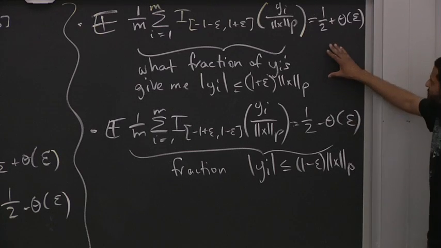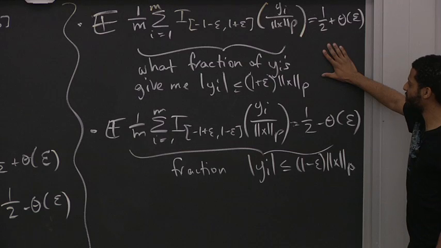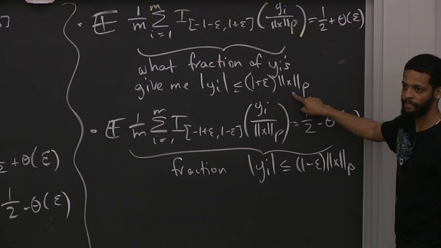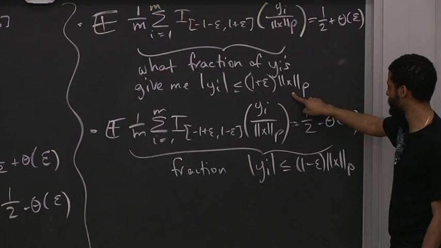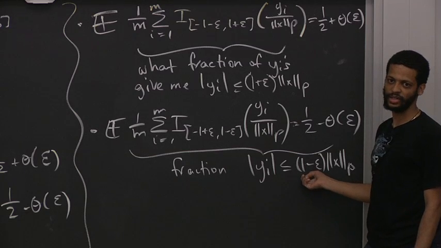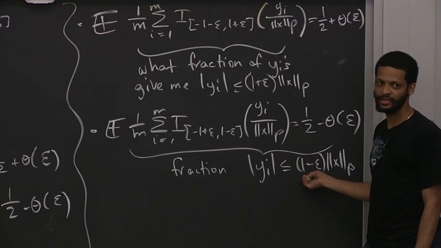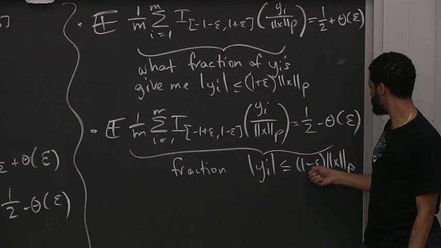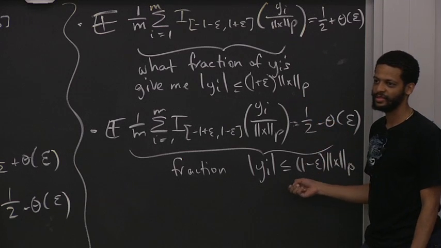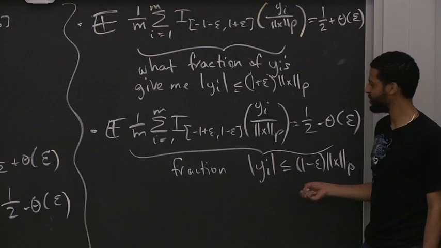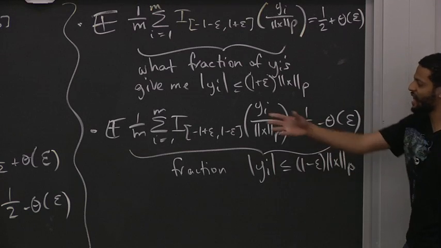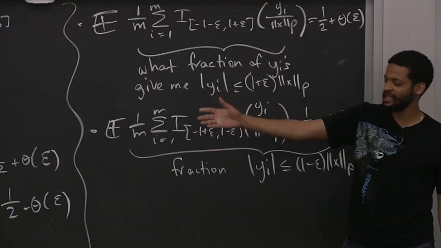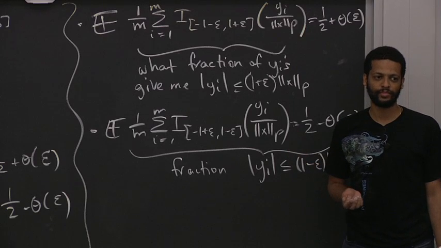So what this is telling me is more than half of them are less than this threshold in expectation. And less than half of them are less than this other threshold in expectation. So if both of those things actually happened, the median of the yi's in magnitude would be in between these two thresholds, which exactly means that my algorithm is correct.